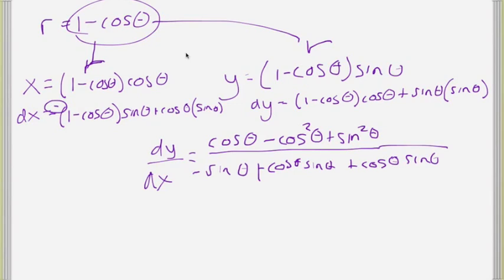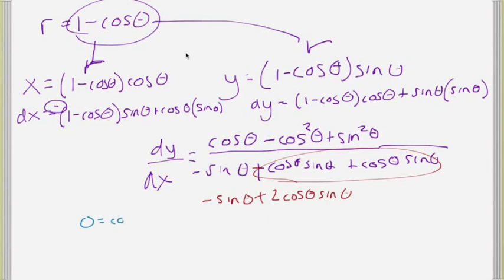On the bottom, these two things are the same, so we can make it plus 2 cosine theta sine theta. There's the minus sine theta out front. That doesn't really help that much. So this question asked for where we have horizontal and vertical tangents. To find a horizontal tangent, we would want our slope to be equal to 0.